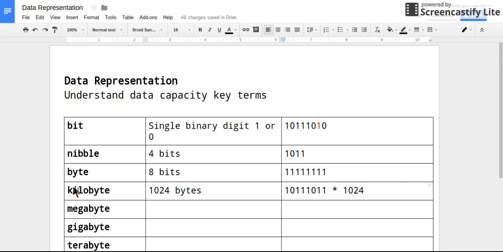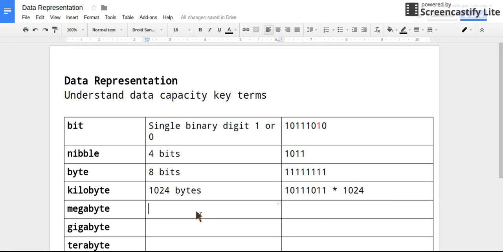We see this prefix kilo, and we think of kilogram, kilometer, and we know that there's 1,000 meters in a kilometer, 1,000 grams in a kilogram, etc. But we're not dealing with metric here. Computers store data in this whole 2 to the power of n system. So you just need to remember that rather than it being 1,000, it's actually 1,024.